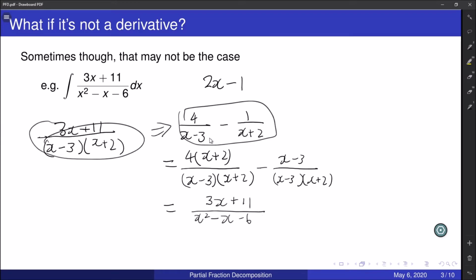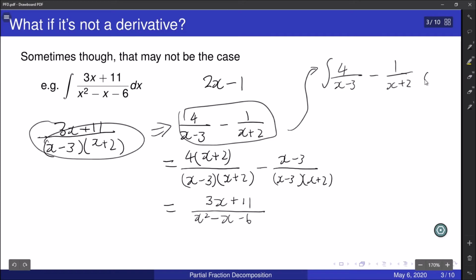So now what we can do is simply integrate it as the integral of 4 over x minus 3 minus 1 over x plus 2 dx.